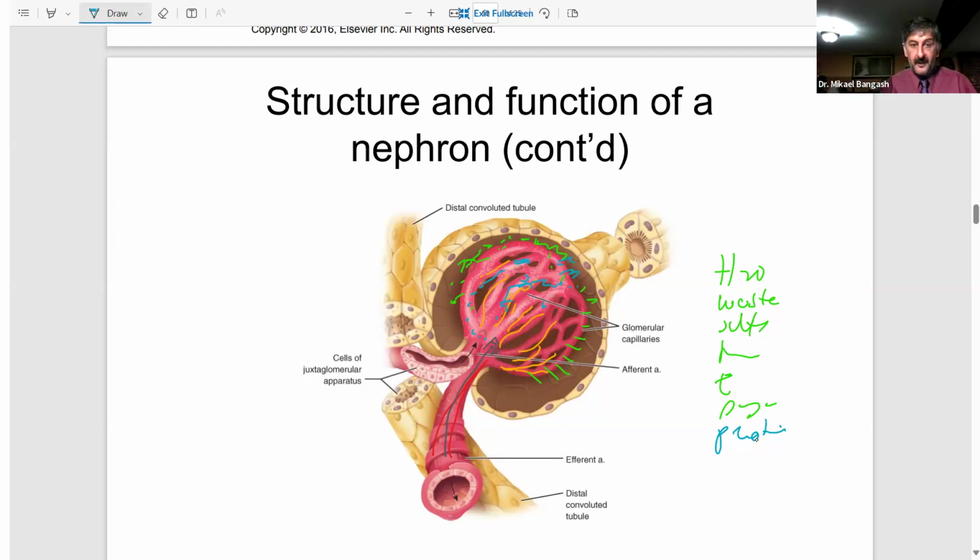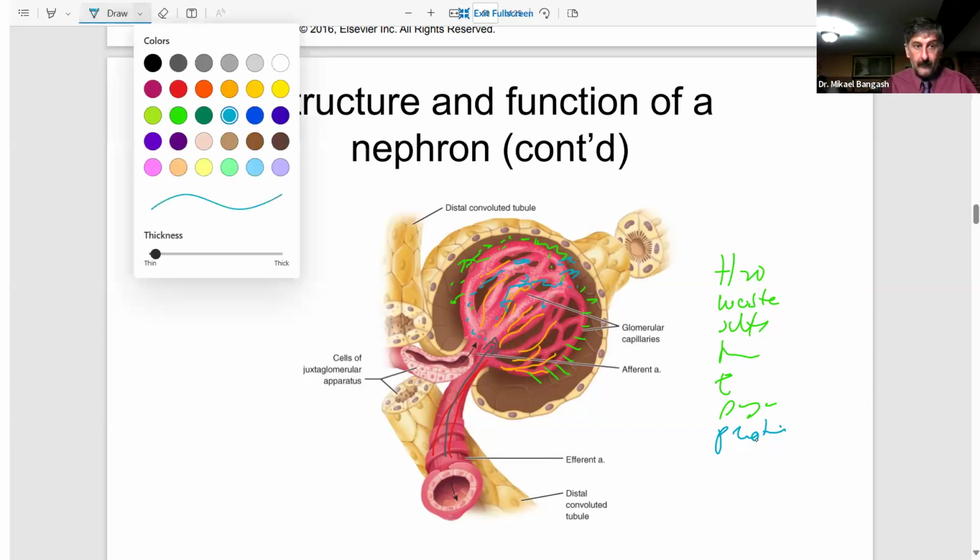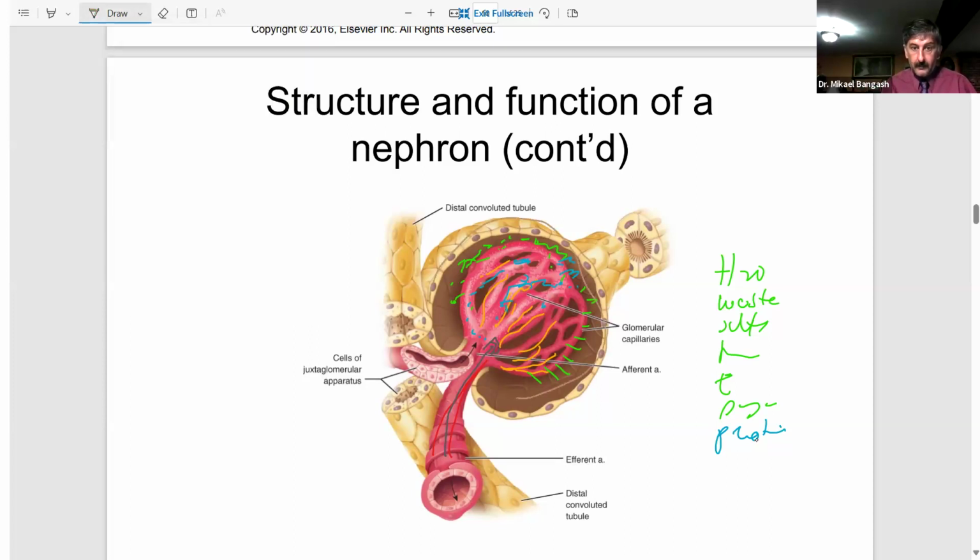But whatever is filtered out is going to be collected in this structure here, which I said was the first structure of the tubular system of the nephron, what we call the Bowman's capsule. Did that make sense?